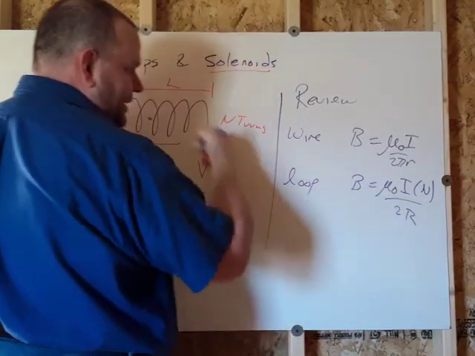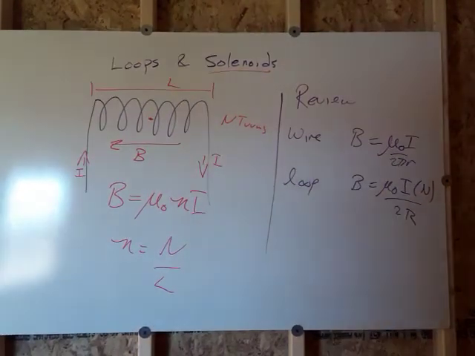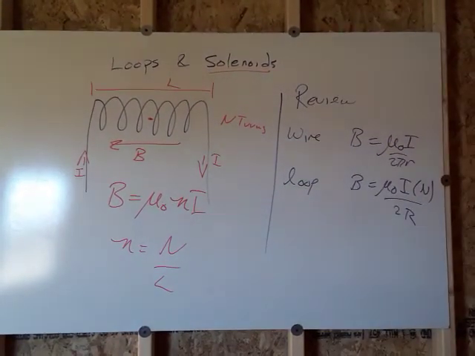And then for a solenoid, it's this. So with that, that's the cases where we're going to make magnetic fields from currents. There's other ways to do it.